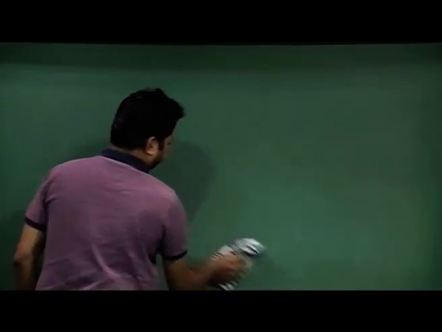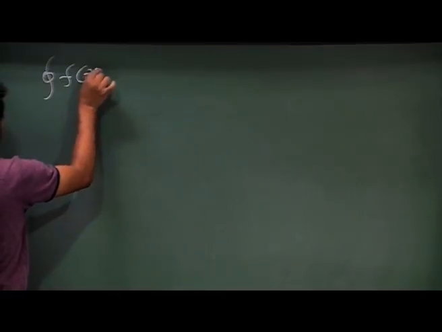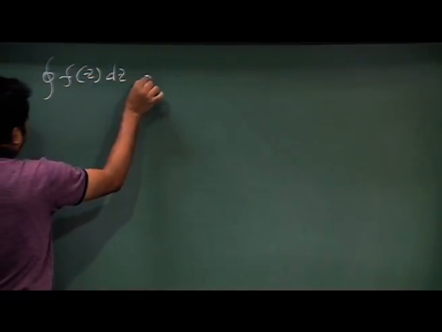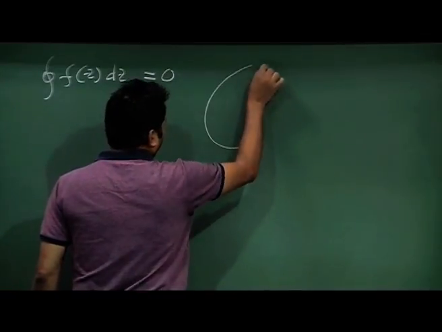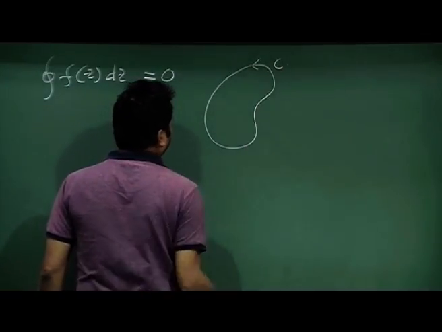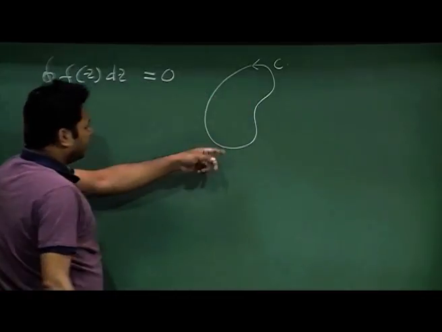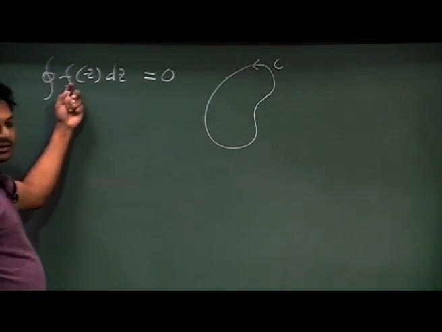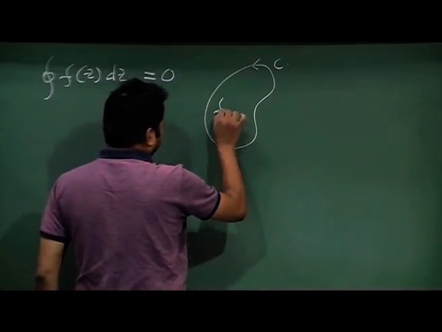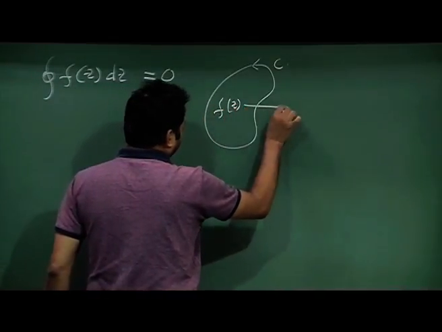Okay. So what we get so far, let me write once again this expression, that the integral of f(z) dz is equal to 0 when C is a curve enclosing some region R, and in this region the function f(z) is analytic.